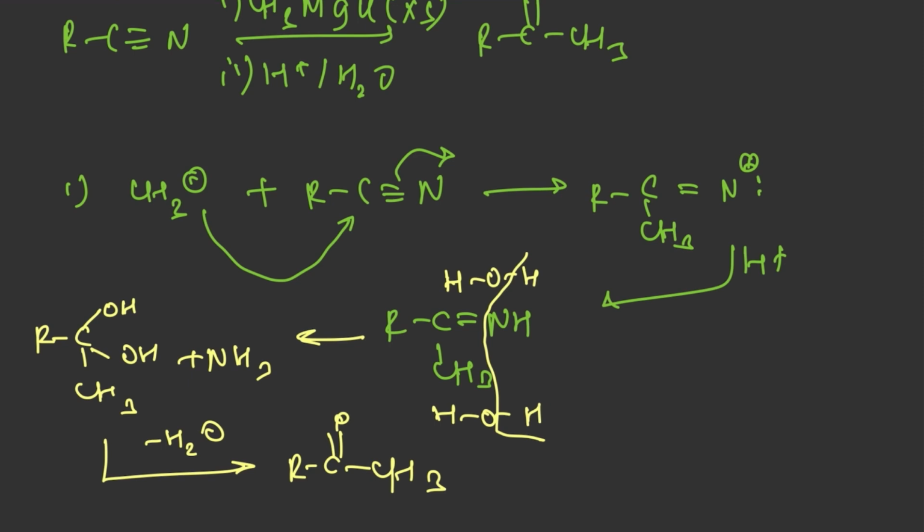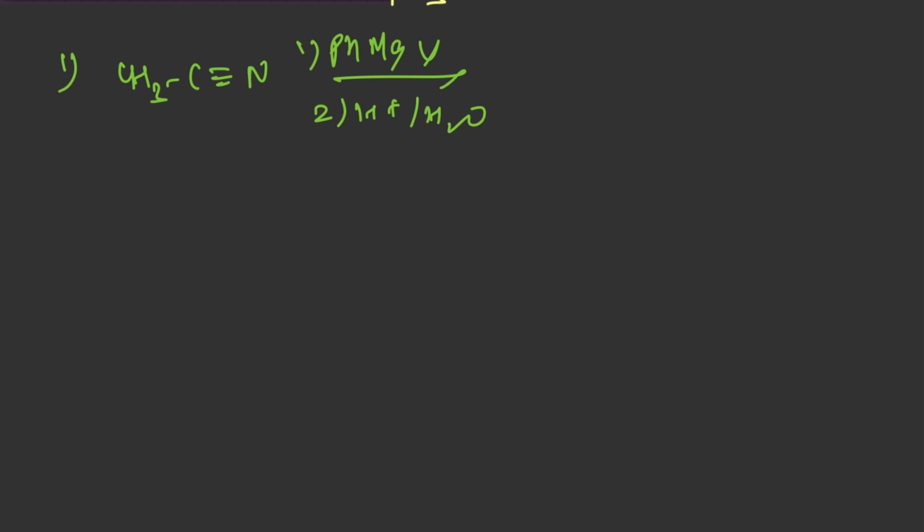So let's look at some problems regarding this question. First we have CH3C≡N reacting with first PhMgCl, second H+/H2O. Second we have PhC≡N, which will react with EtMgCl, second H+/H2O.